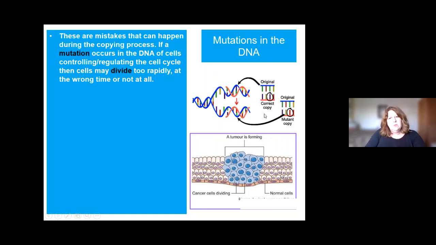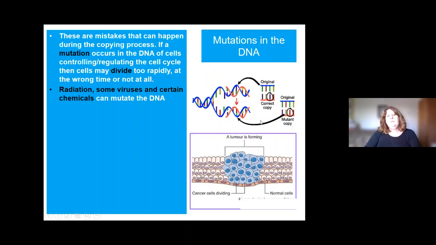If those mutations occur in genes controlling the cell cycle, then maybe the cell will divide too rapidly, maybe it won't divide at all, maybe it'll divide at the wrong time.